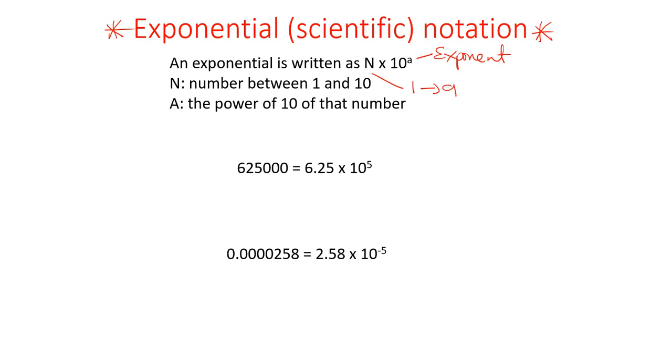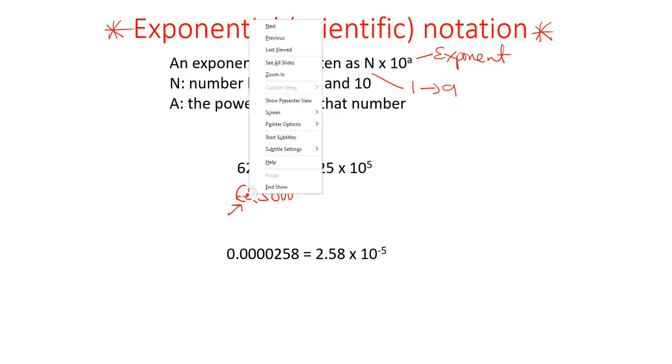So in this case, if we write the number 625,000, the number between 1 and 9 is just the 6. So we'll take our 6 as the number between 1 and 9, and then we'll put a point after that number.